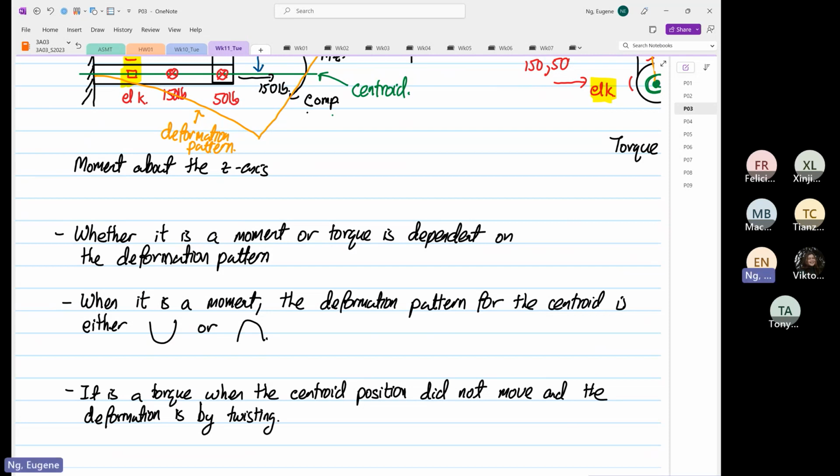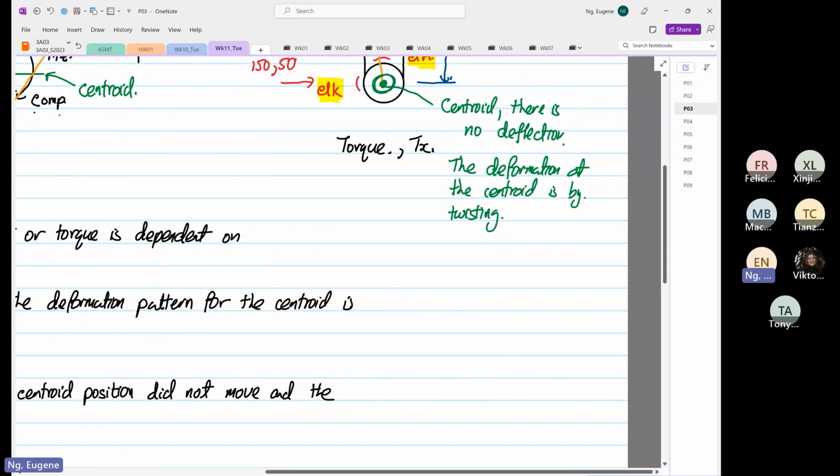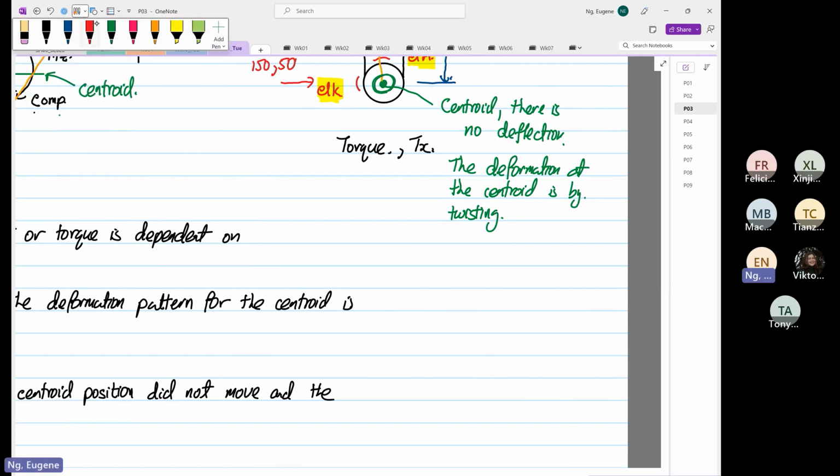So you will ask me, Eugene, what do I mean by twisting? Okay. So if we look at the centroid, I'm going to draw the centroid big now. Then we'll change to green. This is our centroid.